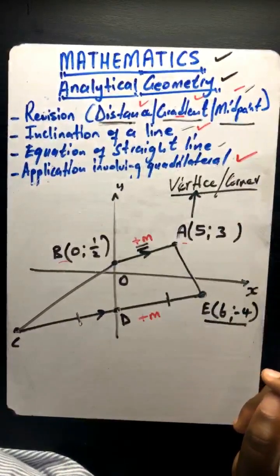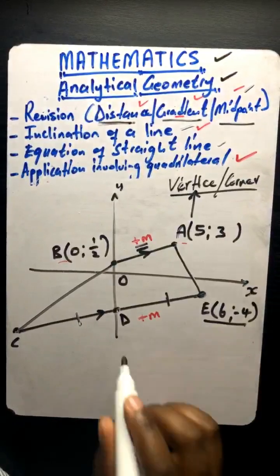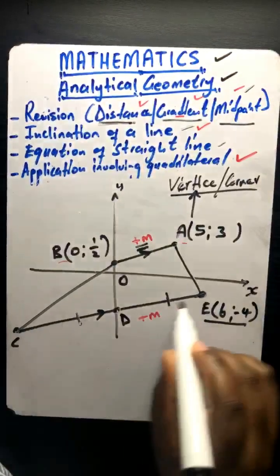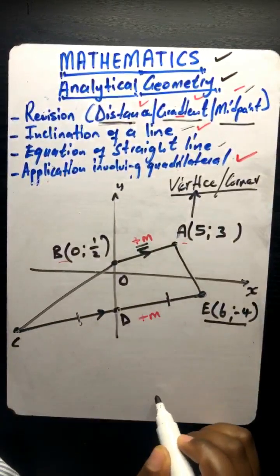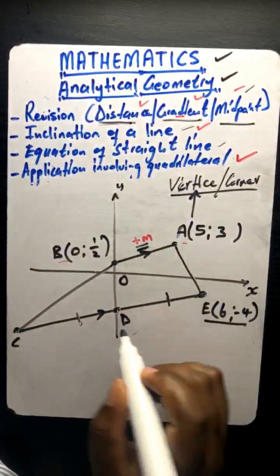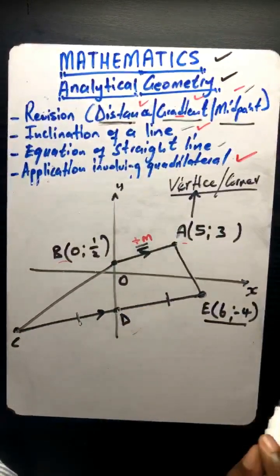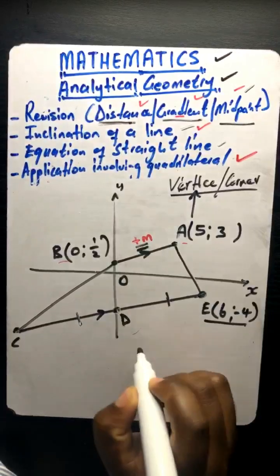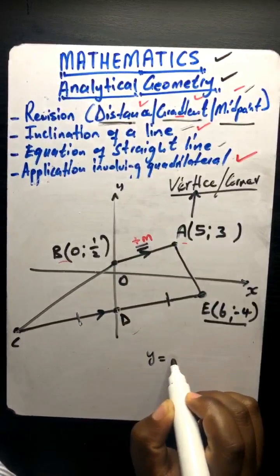Sure, the examiner is very, very smart. I'm telling you guys, once you determine an equation of this line, indirectly, that's how you get this y-intercept. Let's say on your equation you get a negative, it's going to be a positive.